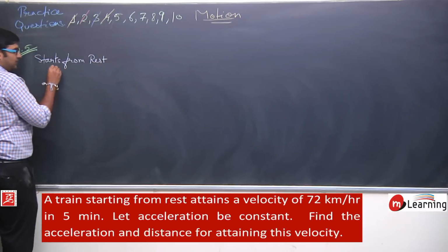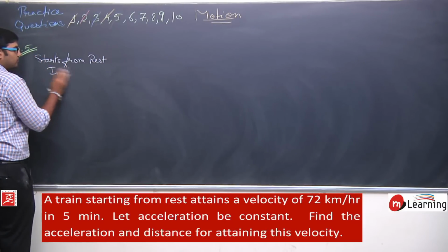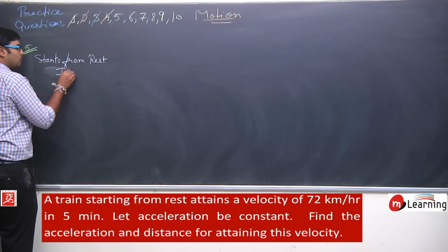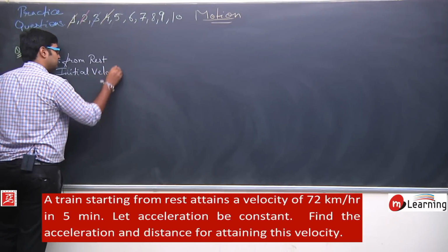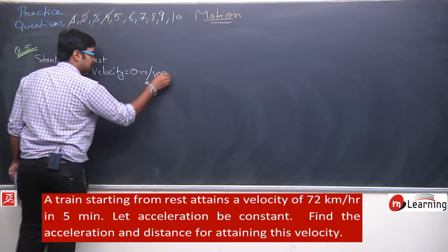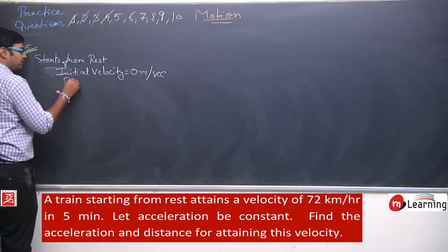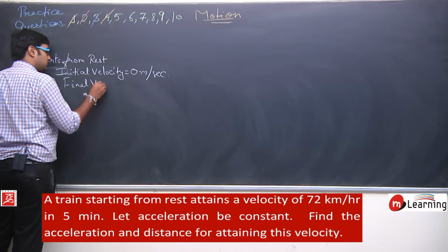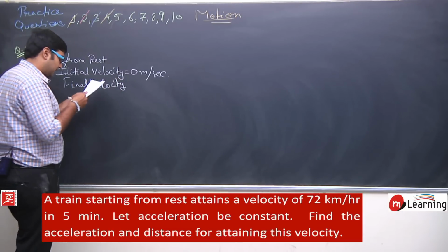So the initial velocity is 0 meters per second, and finally the train achieves a velocity called the final velocity.